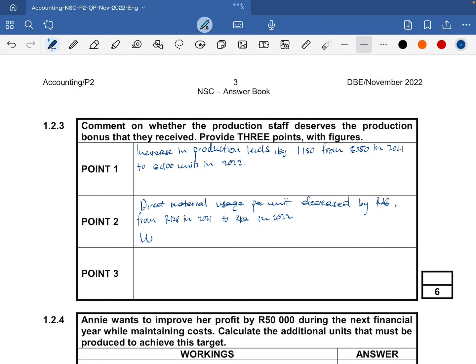Right, so wastage or spoilage of material decreased. You can go as far as mentioning that they were able to use less material but produce more goods, production of more units.